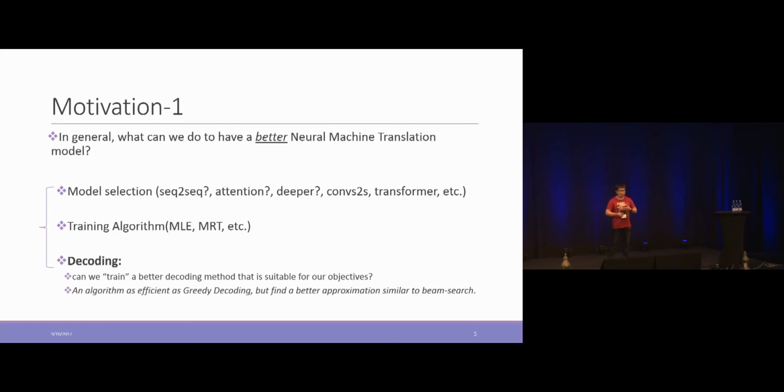Can we find a better decoding method that is suitable for any kind of objective? For example, an algorithm as efficient as greedy decoding, but with better approximation results, such as beam search. That is the focus of this talk.